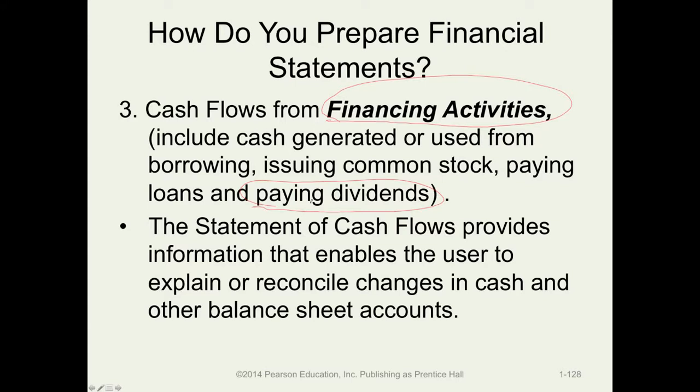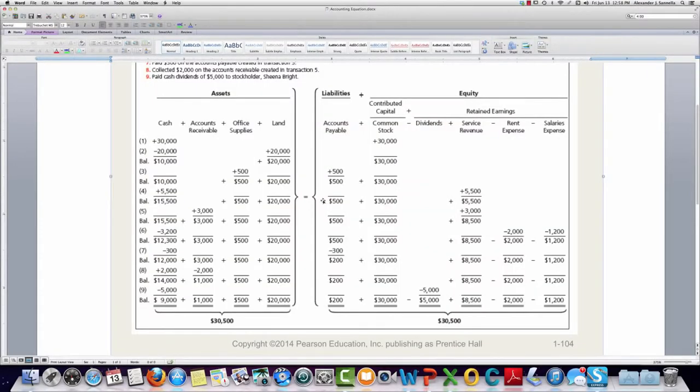So when you look at a cash flow statement, you need to be sure that you understand that the cash flow statement provides information that explains where the company received its cash and how the cash was dispersed. But it also helps us reconcile the changes in cash, the beginning and ending cash. So let me go to the whiteboard and give you the cash flow format.